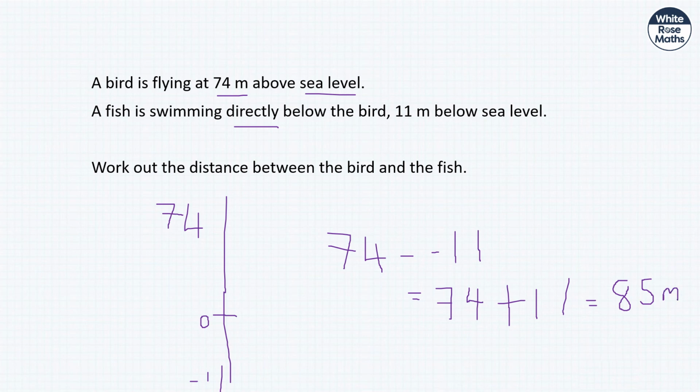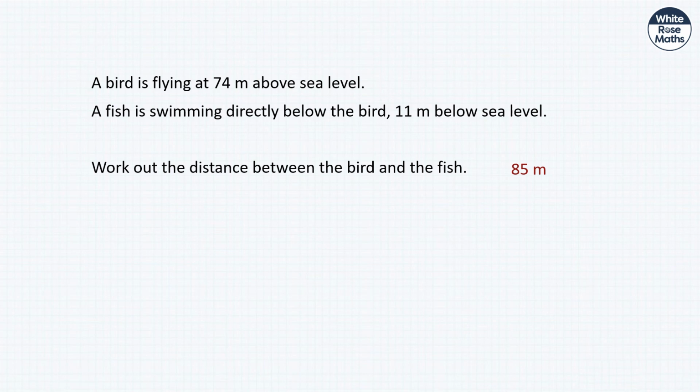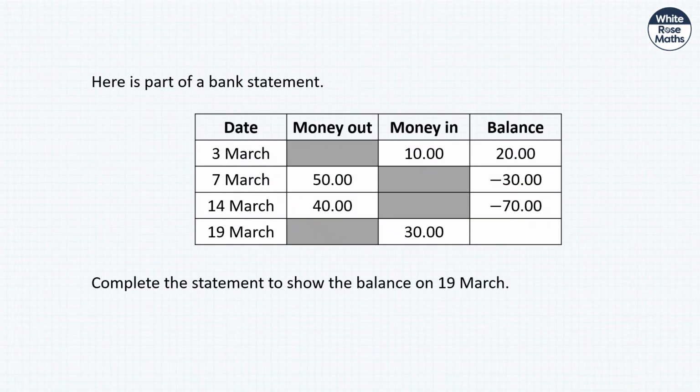So it's 85 meters between this distance and this distance. I'm all the way down there. So you have to be careful. A common answer would have been 63, or even minus 63. You work out the difference, and the difference in maths is usually always a positive whole number. There we go, 85 meters.